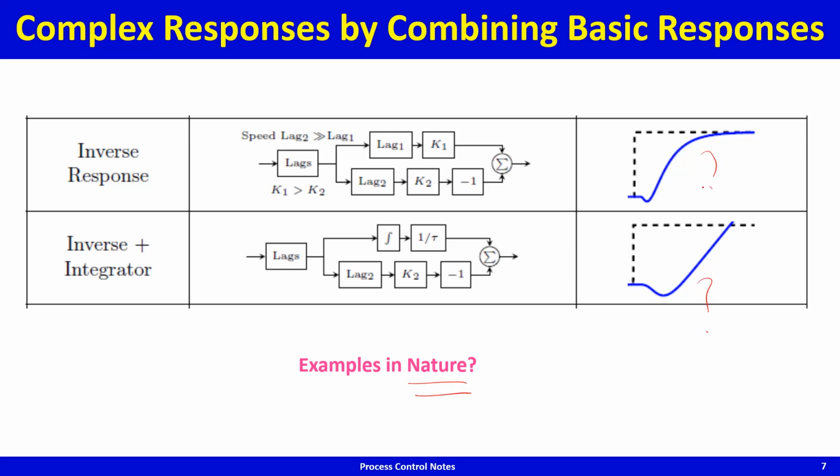I'll encourage you to do that, and I would not like to give you an answer immediately. Maybe you should go and search the net and understand how parallel structures give these very unique responses, how recycled structures occur in nature, how series structures occur in nature.